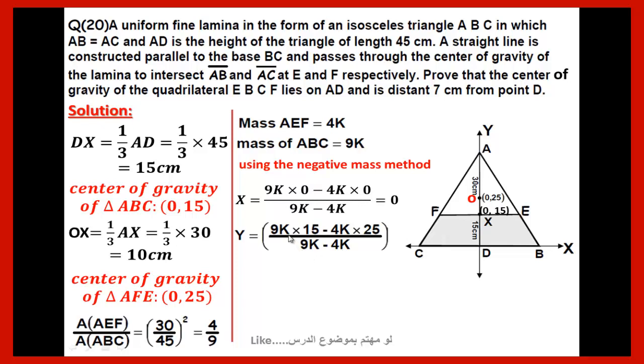Again, 9K is the mass of the triangle ABC, multiplied by its y-component, 15, minus 4K, the mass of triangle AEF, multiplied by 25, all over 9K minus 4K.